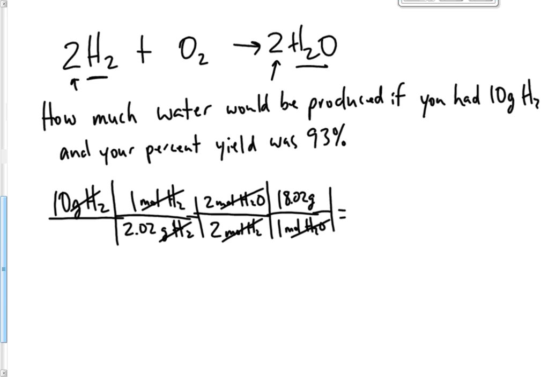So when you multiply across the top, 10 times 2 times 18 divided by 2 times 2, you're going to end up with 9.1 grams of water. And this is your theoretical yield. So if all 10 of those grams were used to make water, you could only get 9.1 grams of water. Okay, so this is your theoretical yield.